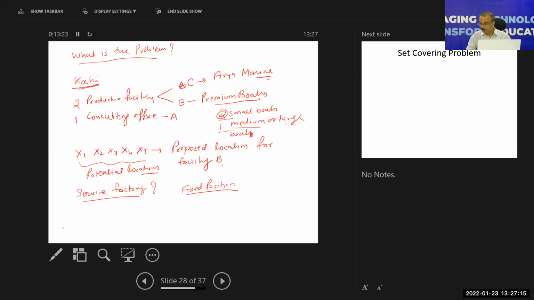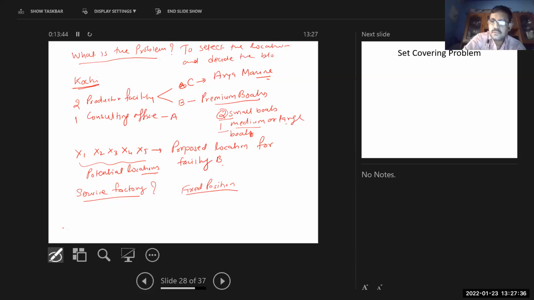So now what is the problem here? Problem is to select the best location and decide the block plan as far as the layout is concerned.